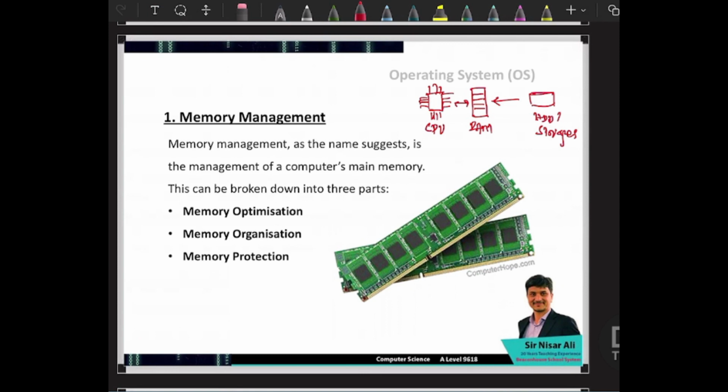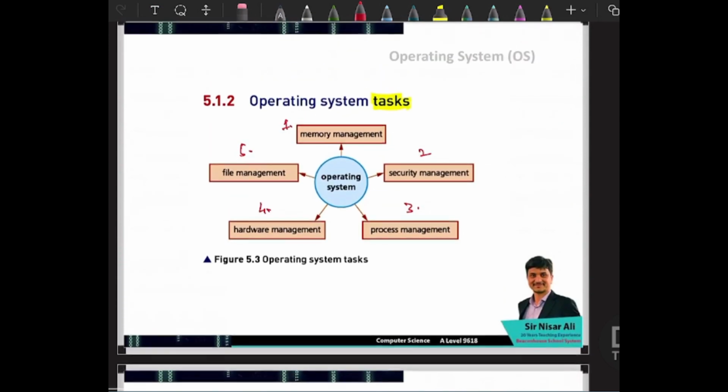So memory management is important because whatever is loaded into this RAM needs proper management and allocation of space in the memory. That is one very important role of the operating system.